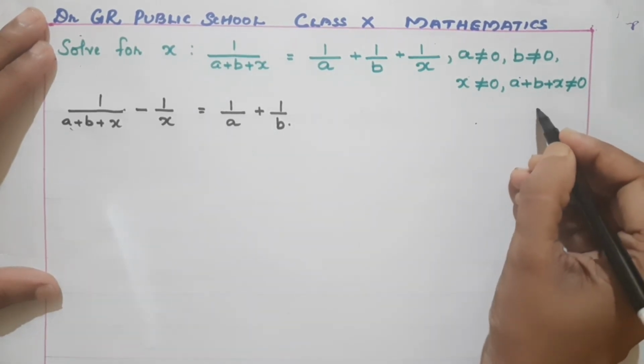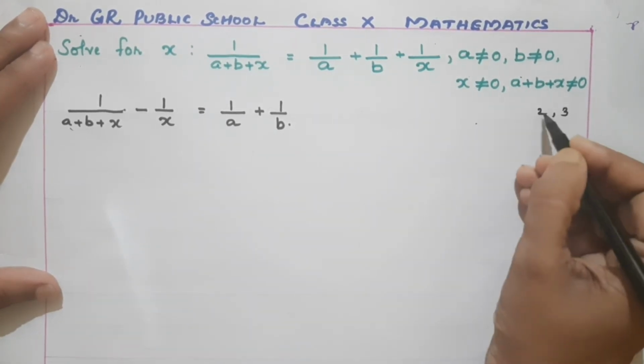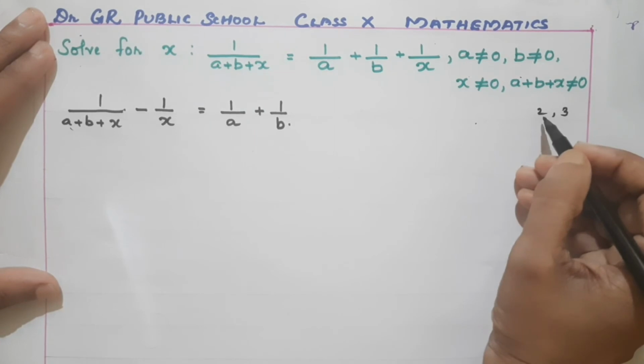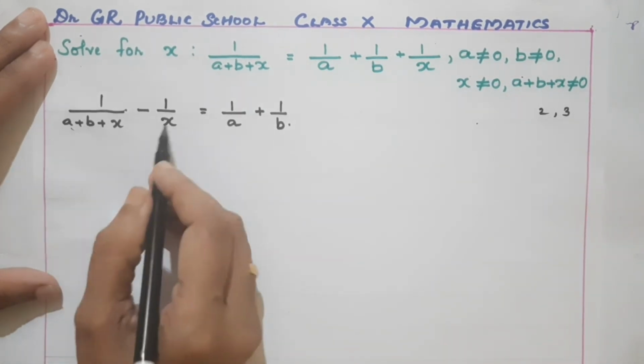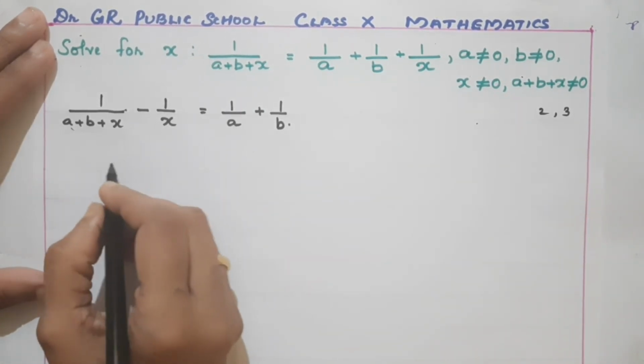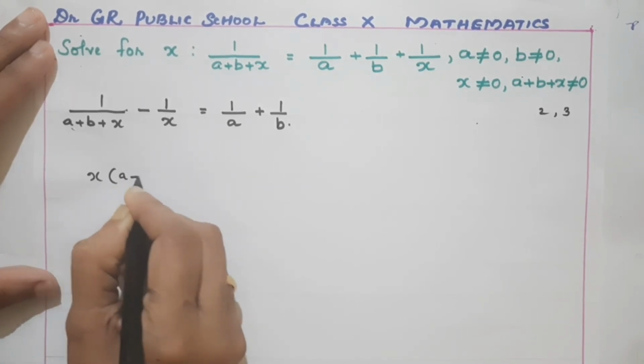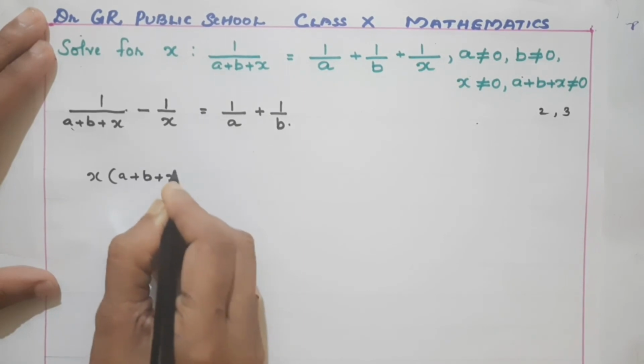So if we have different numbers like this without any common factor, how will you take the LCM? We will take the product as LCM. So same way here also we have to take the product as LCM. So LCM is x into a plus b plus x.